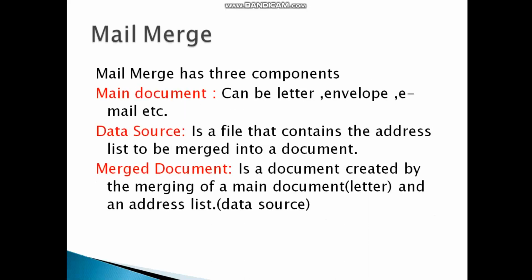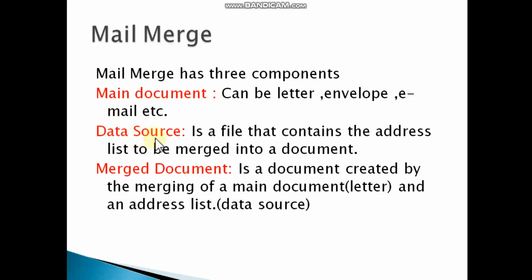So basically mail merge has three components: main document, data source and merge document. Main document is the document from where you start. Suppose you want to send a letter, an envelope or an email, etc. That becomes your main document.